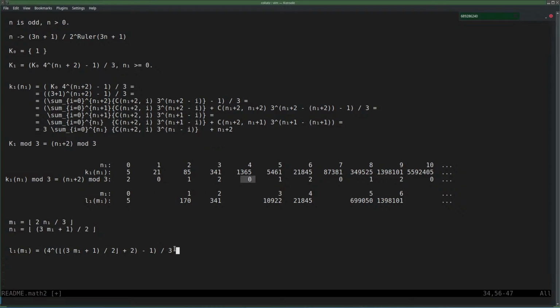But now we still have to multiply this thing with 2 whenever the modulo of K1 equals 1. Fortunately, that is that simple formula that we had. This one. That is equal to whenever N1 plus 2 modulo 3 equals 1.